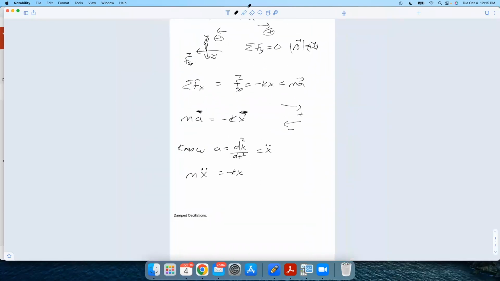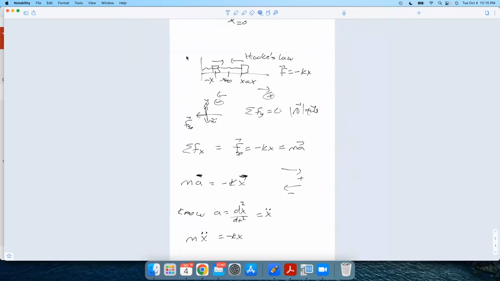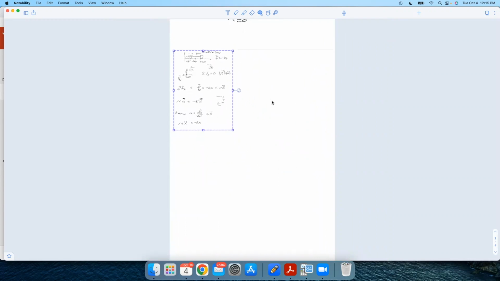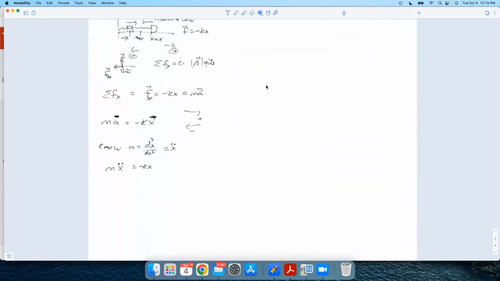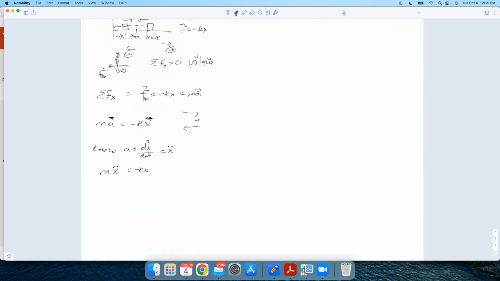I'm going to make all that smaller. Run out of space there. I'll upload this document. That's a second order linear homogeneous with constant coefficients, DE.